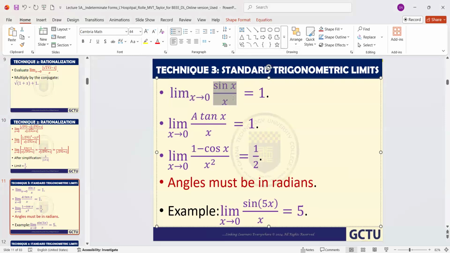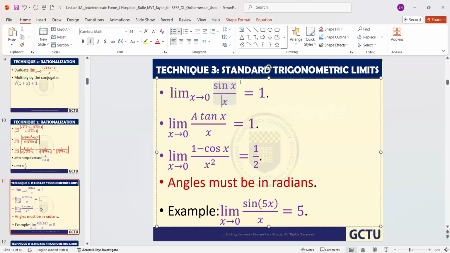Sin x over x, when x approaches 0, will give you 1. These are standards. If you get a constant multiplying tan x over x, if the argument of the trig function is the same as the divisor, then always you get 1. So you see that the argument of sine is x, the divisor is x, then the limit is 1.